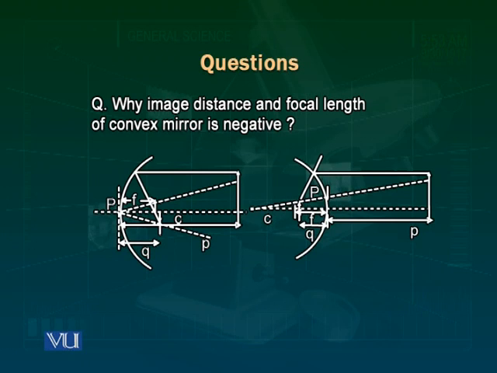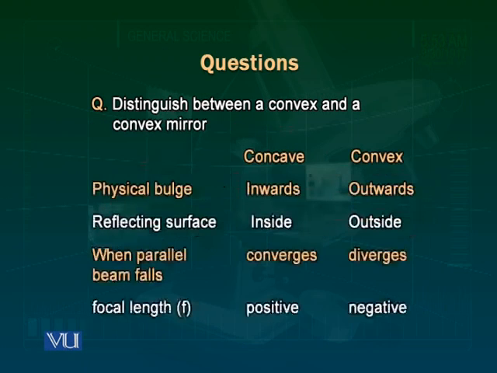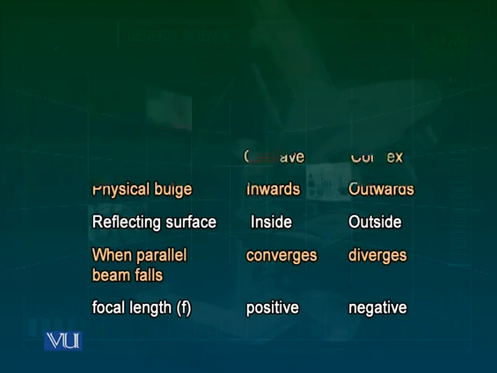Now, how do you distinguish between a convex and a concave mirror? Very simply, a physical bulge. A concave mirror bulges inwards, a convex mirror bulges outwards. About the reflecting surface: in case of a concave mirror, the reflecting surface is inwards. In case of a convex mirror, it is outwards.